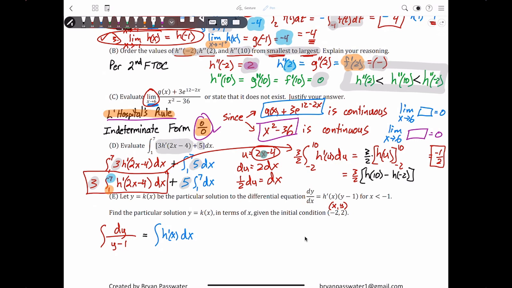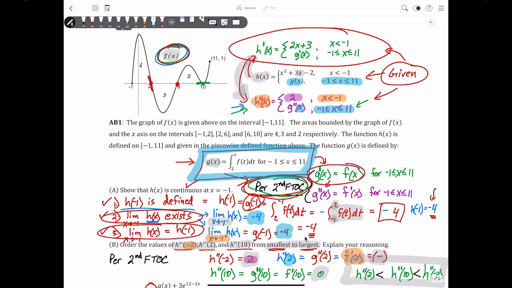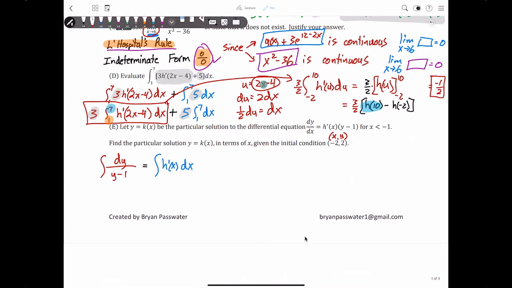H of 10 is the same as g of 10, which is the same as the area underneath the curve between 2 and 10. Well, between 2 and 10, I have a -3 because it's below the x-axis, and a +2. So a -3 plus that +2 is going to yield a -1. So this is -1. A lot going on there. If you have to rewind, please do so, and pause and whatever you need to.